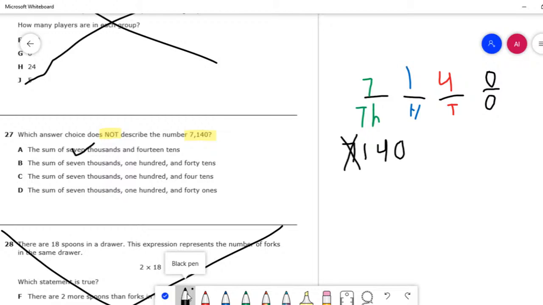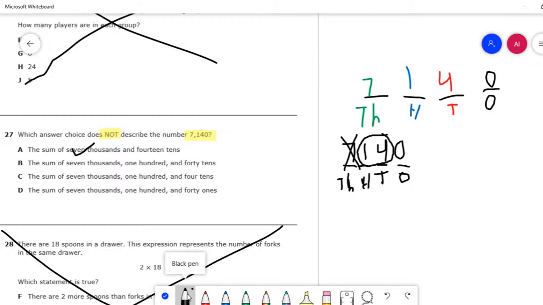If we put underlines to separate it, ones, tens, hundreds, thousands, we've already dealt with the thousands. For the tens, let's circle the tens and everything to the left of it, which we haven't talked about yet. So now we have this 14 here.